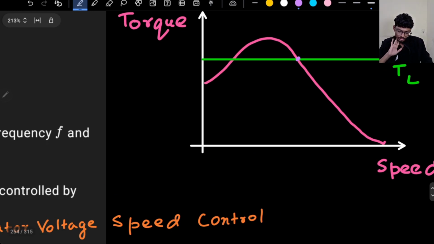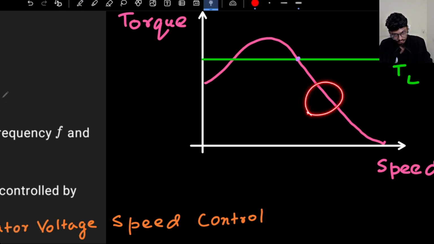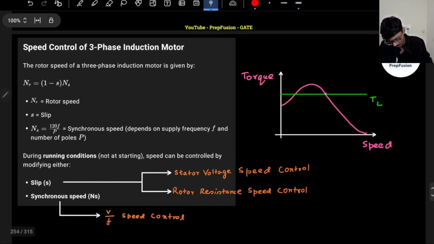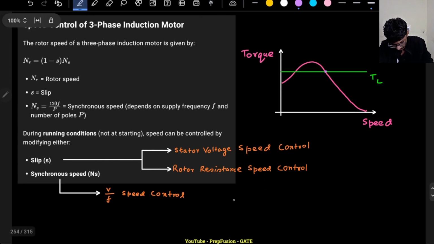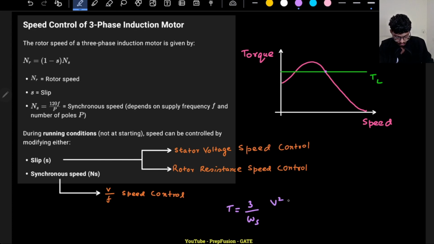So what if I change the graph? Because what is torque equal to? If you remember, torque is equal to 3 upon omega s into V square into r2 dash divided by the slip. If you remember, slip was coming in the expression.